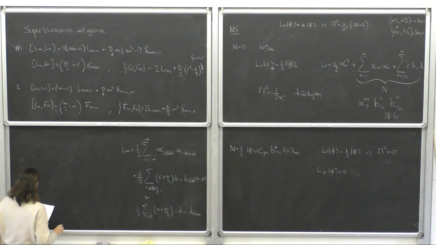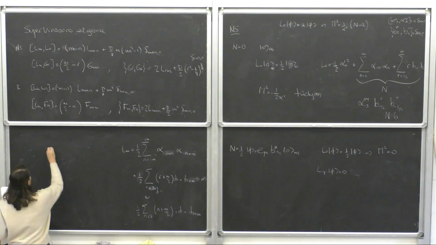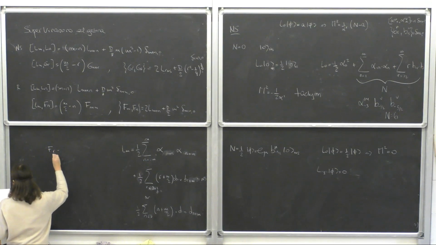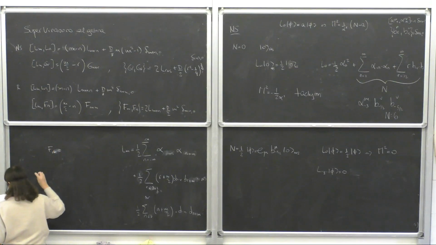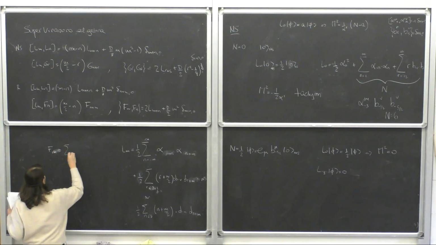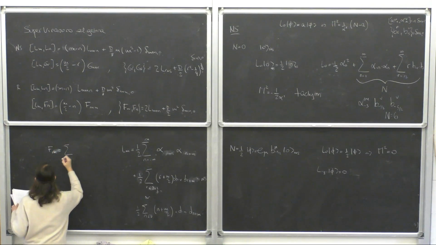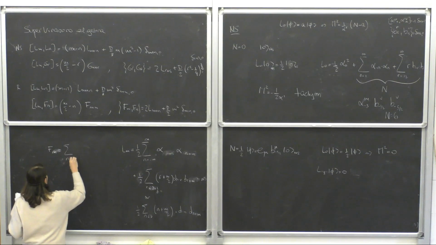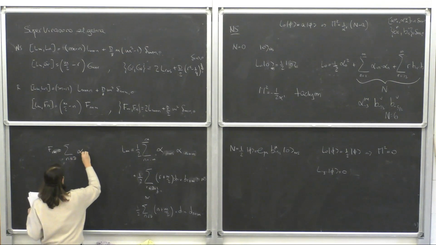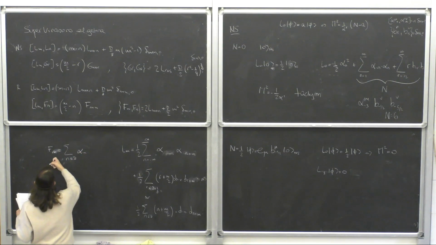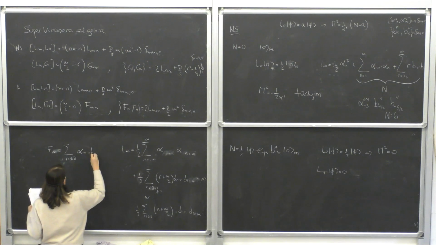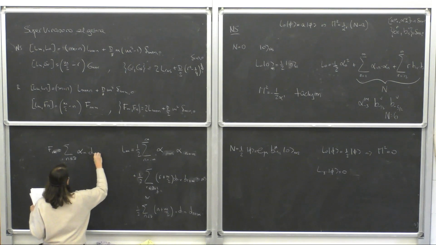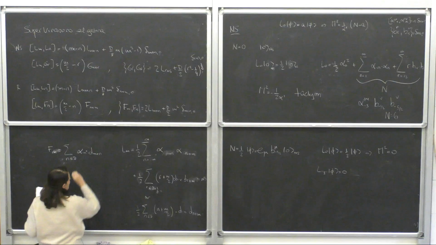And the F_m is the sum of alpha n instead of alpha minus n, and these are the d's, the m plus n, and there's always a contraction, right?